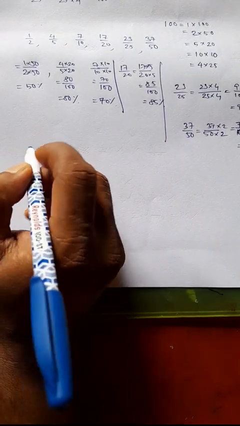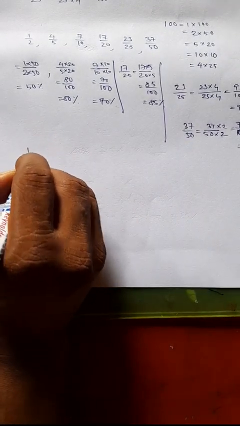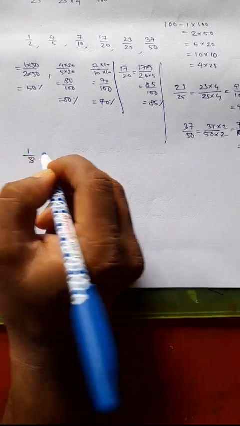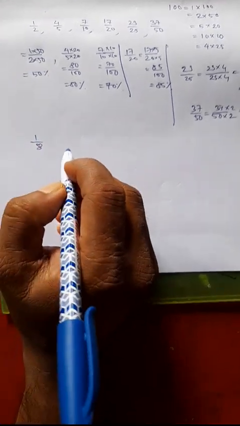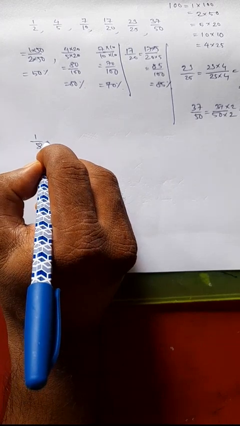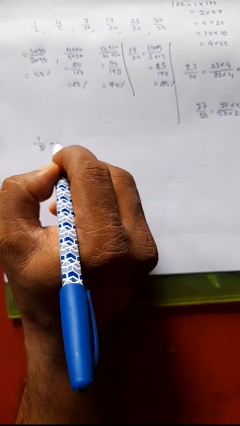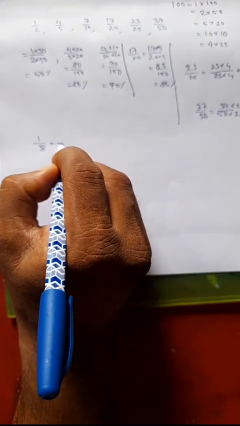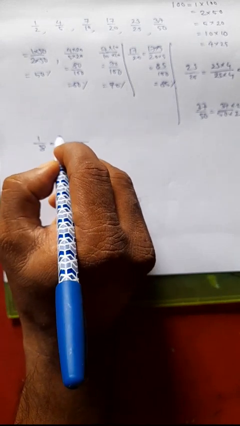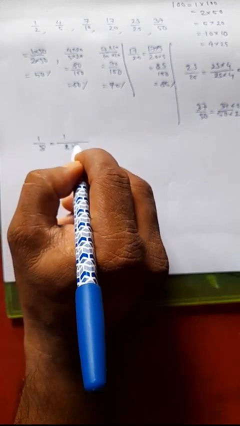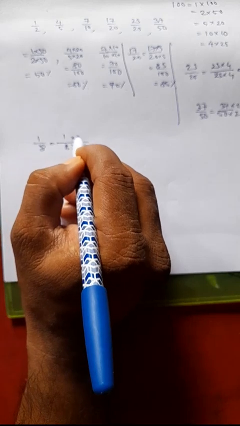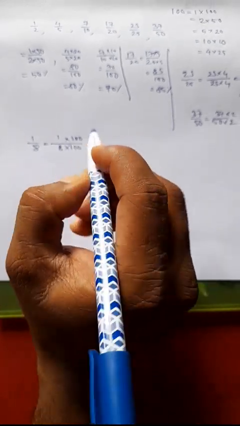Now say you are given another fraction 1 by 8. How will you convert this into percentage? In this type of fraction, our intention is to make the denominator 100. So let us multiply by 100. We will multiply both numerator and denominator by 100.